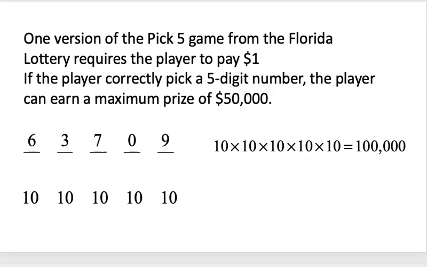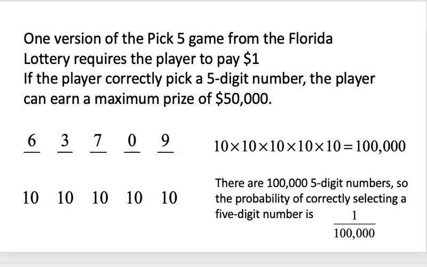And, no surprise, your largest 5-digit number is 99,999, and then it also includes 00000, which gives you 100,000 possible 5-digit numbers. Only one of them is the correct 5-digit answer. So your probability of winning is 1 out of 100,000.